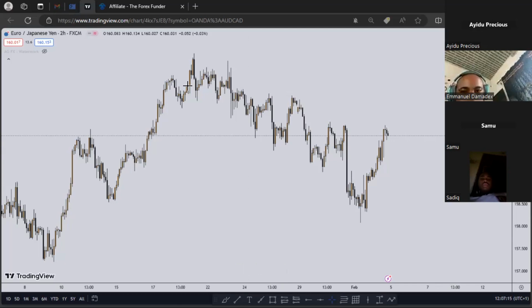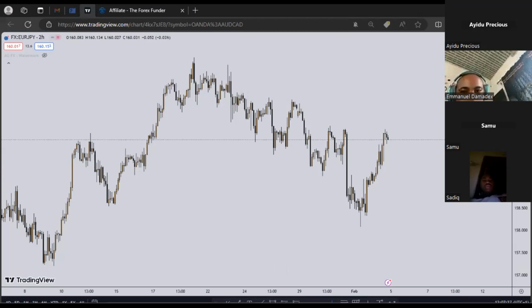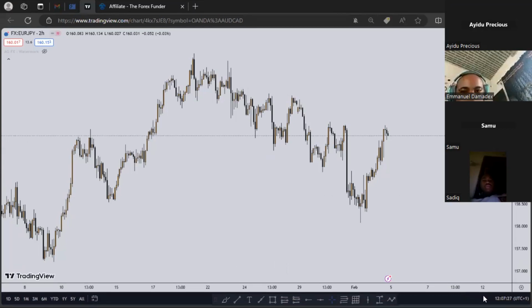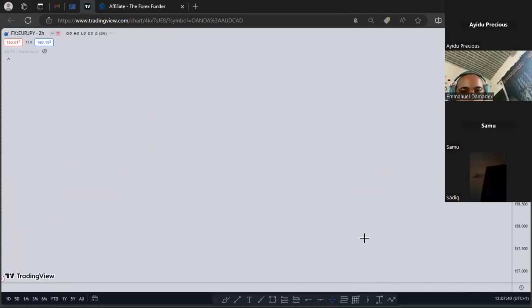That's what I'm going to be talking about today: how to use them effectively, how to know the particular order block that is going to hold whenever you're looking out for any trade, how to know the best order block to take your trade off of, and the best supply zones or demand zones to take your trade off of.